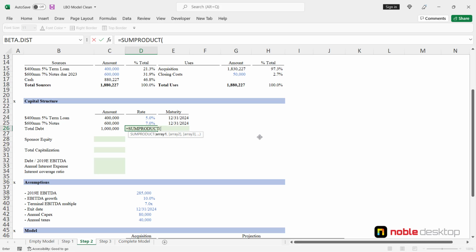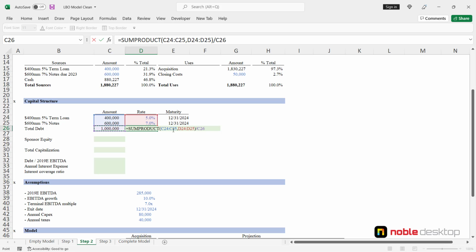So my array number 1 would be C24 to C25, my amount of loan, comma, my array number 2 will be D24 to D25, which is the rates. And then I'm going to divide it by the total debt.